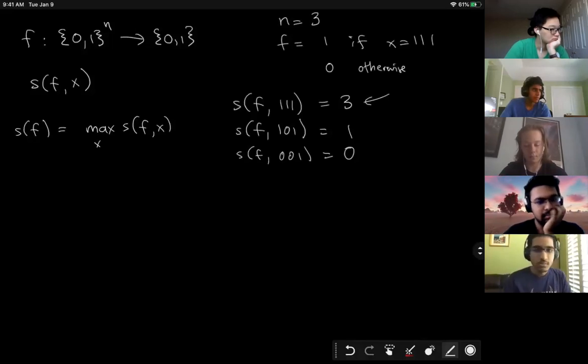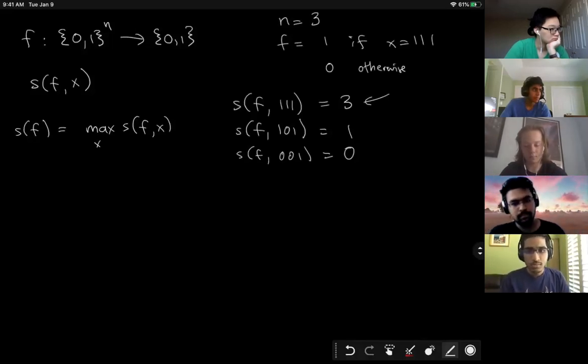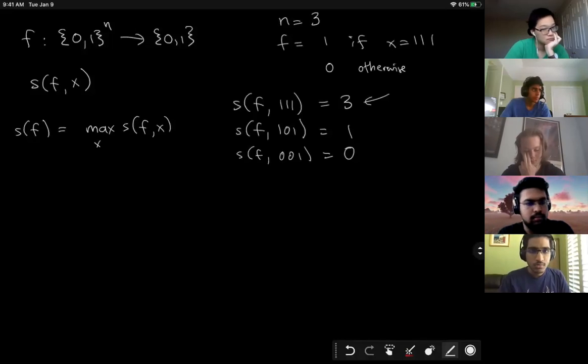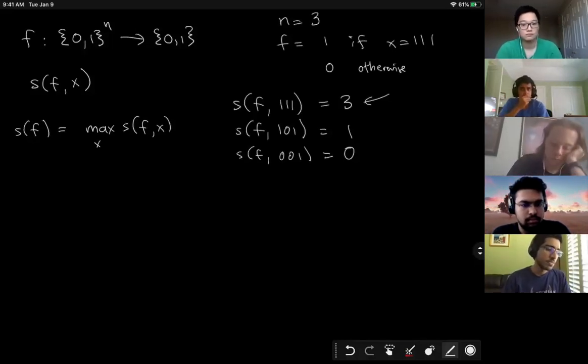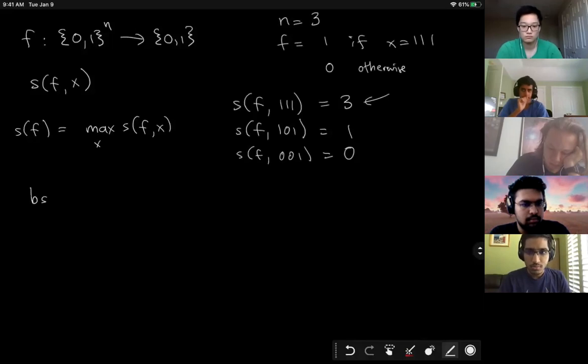And there's this other notion of sensitivity called the block sensitivity, and it's a little less intuitive, let's say. The block sensitivity is similarly defined in two steps. The block sensitivity of a function f on an input is defined as follows.